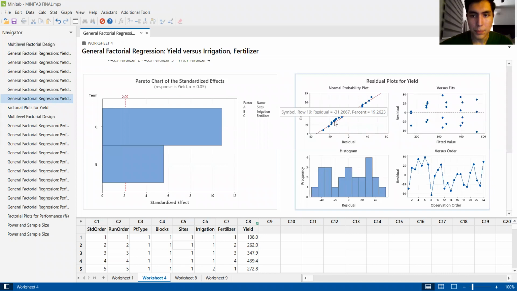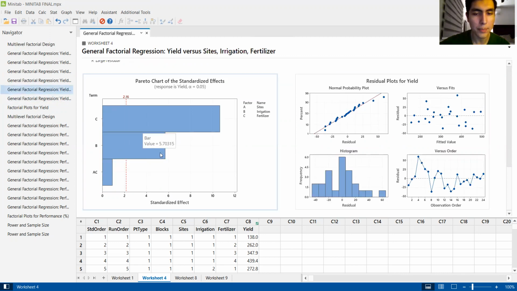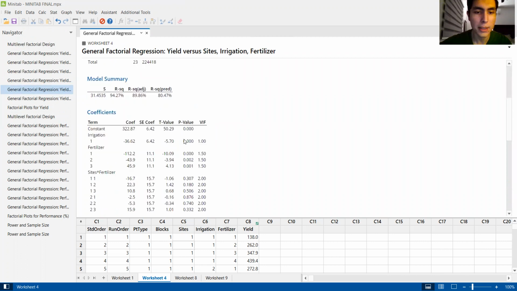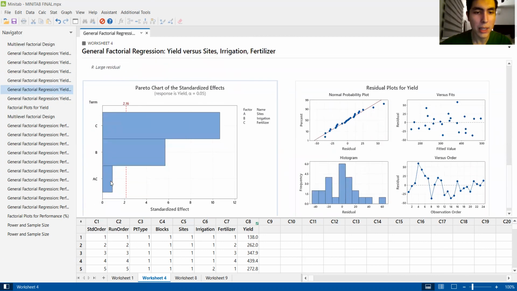Also, the normal probability plot went back to an S shape, and we can see some spaces in between here and in the versus fit, which indicates that the model is now not correct. So this is the best model for the analysis, to keep the AC factor.